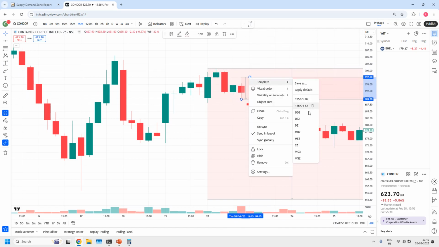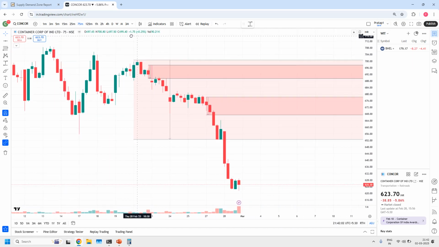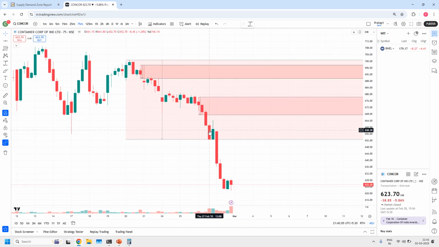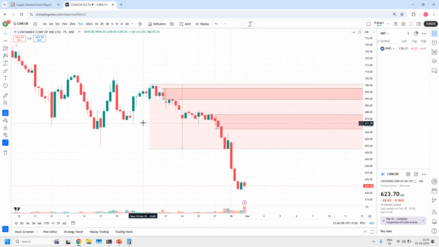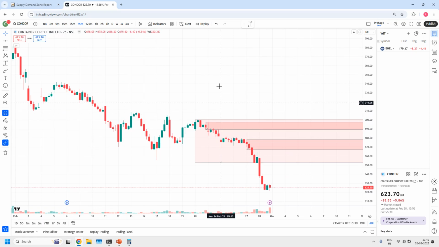This is another 75 minute supply zone. So that means we have two supply zones here. A drop, base, drop, and again drop, base, with a failed ERC as the leg out. With a dynamic view, it is a drop candle, and the body came out of the candle, not near the zone. All conditions are satisfied.